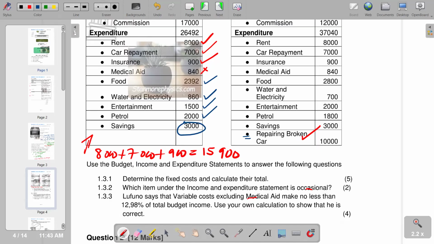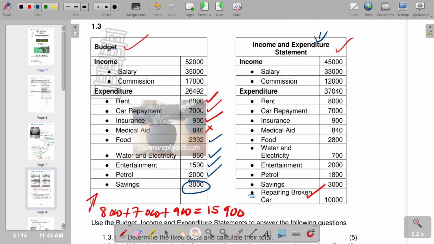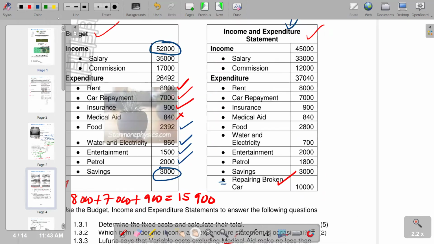And then we divide by the budget. Remember, they are saying of total budget income. So the total budget that we have, which is given as 52,000, is the total for income. So in our calculation, our numerator is going to be 2,392.